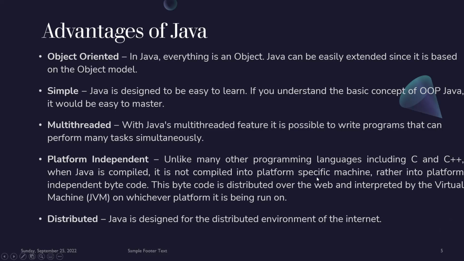It is not compiled into platform specific machine code, but rather into platform independent bytecode. This bytecode is distributed over the web and interpreted by the virtual machine, the JVM, Java Virtual Machine, on whichever platform it is going to run.